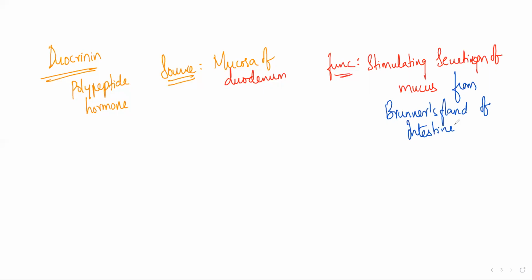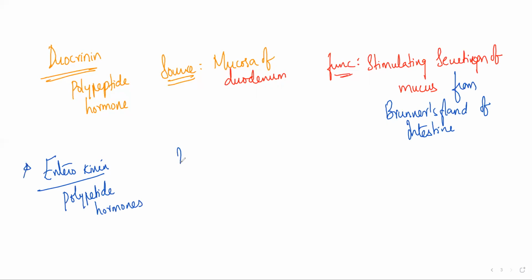Okay, these are the ones. Next we have another hormone called enterokinin. This is also a polypeptide hormone. This is actually not mentioned in the NCERT for the NEET, but it also plays a major role.